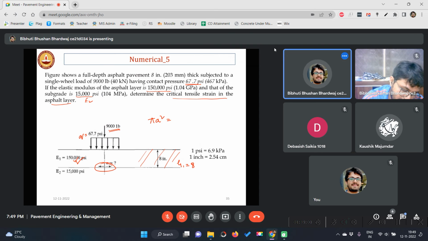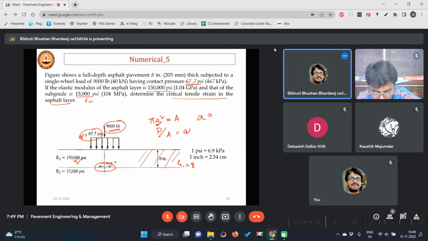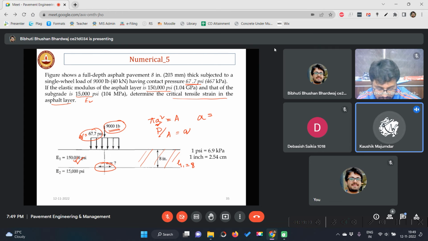Pi A squared is the area, and load divided by area is Q. Q is given, load is given. Find out A. What is A? So 6.5.